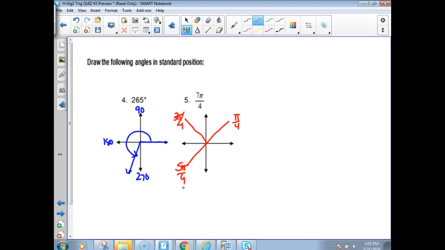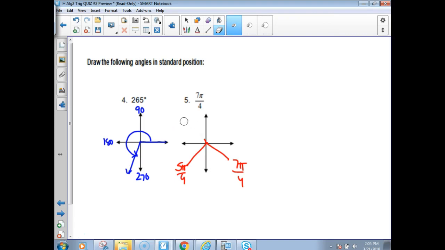This is what we're going to be doing with the unit circle. 6 pi over 4 would be right down there. 7 pi over 4 is here. So you don't have to know this yet. I just wanted to get you a little preview of how we're going to figure out where things are in the future.